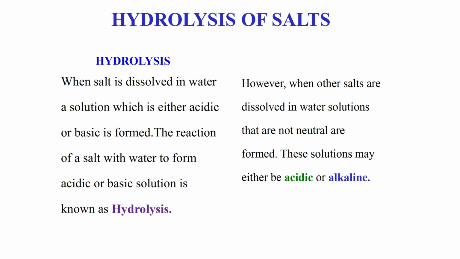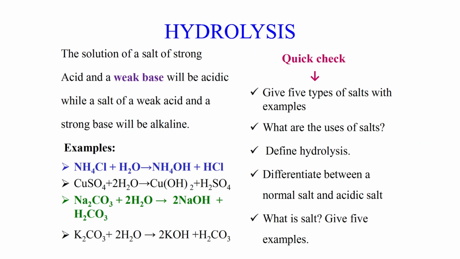So, what does this mean in practice? The solution of a salt of a strong acid and a weak base will be acidic, while a salt of a weak acid and a strong base will be alkaline. Let's see some examples. NH4Cl plus H2O yields NH4OH plus HCl.